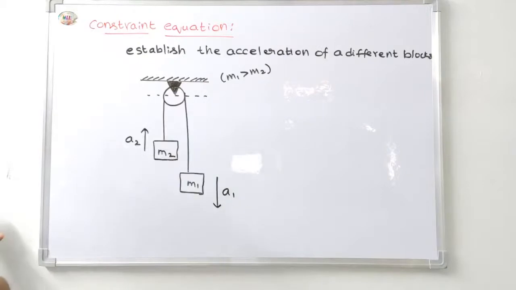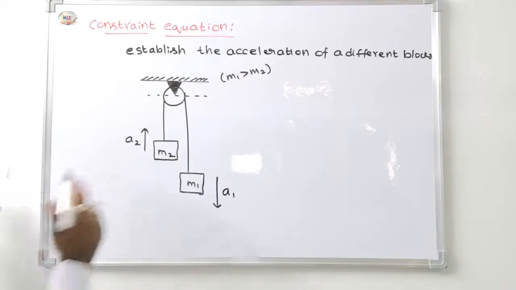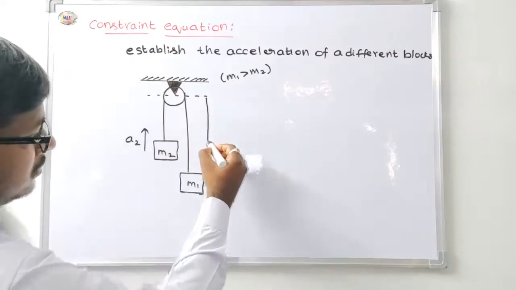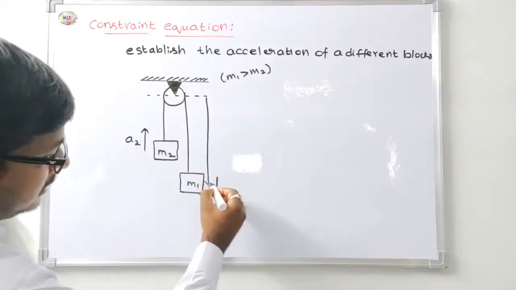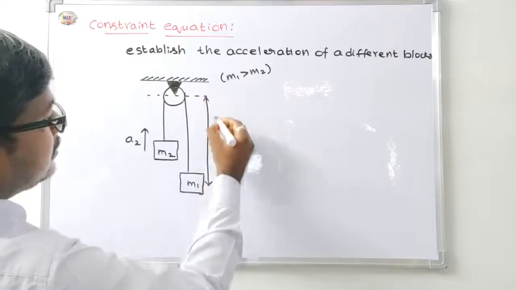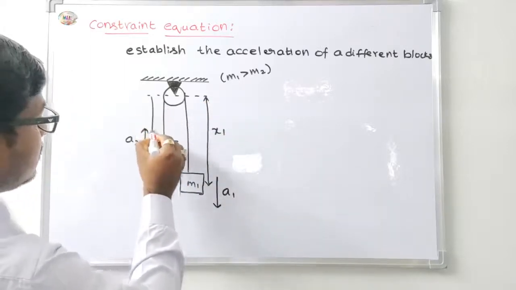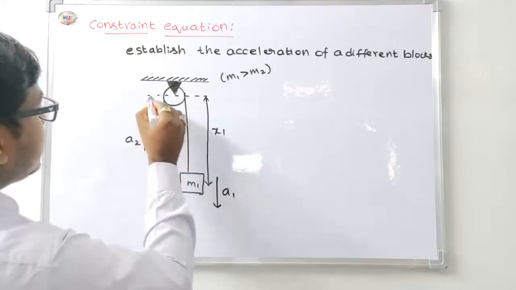So identify the constraint and write down the equation of constraint in terms of distance. Assume the distance from this fixed point to the M1 block is x1, and this is x2.